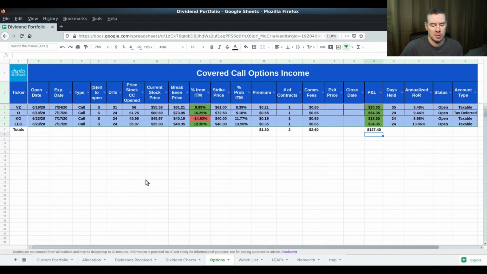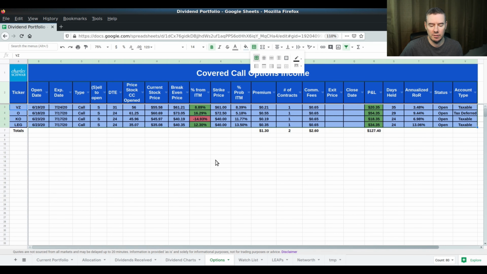Okay, looks like we're done there. This is kind of a work in progress. I probably need to automate some of this stuff, but some of this stuff is grabbing from Google Finance automatically, like current stock price and all that. But in general, it's getting what I need to have done. So let's go ahead and fill in that.